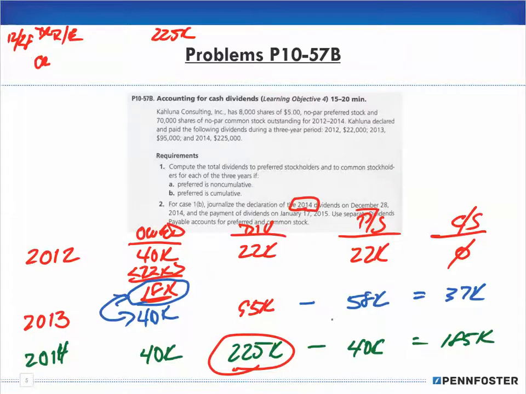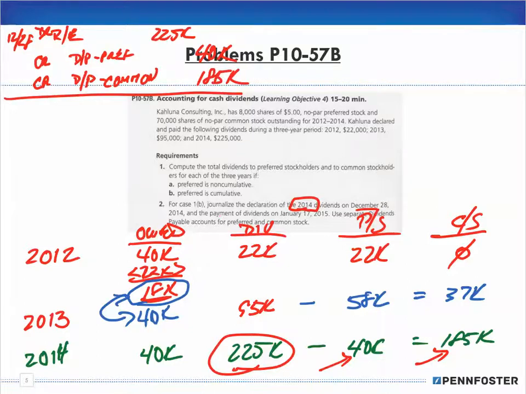Well, I owe the $40,000 to preferred, so I'm going to credit dividend payable preferred for the $40,000, and there's $185,000 for common of $185,000. Okay, so that's the declaration. That's the journal entry for the declaration.